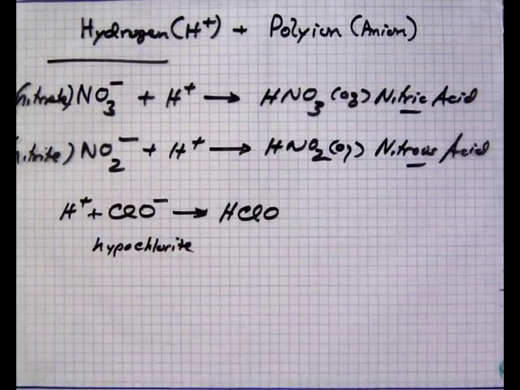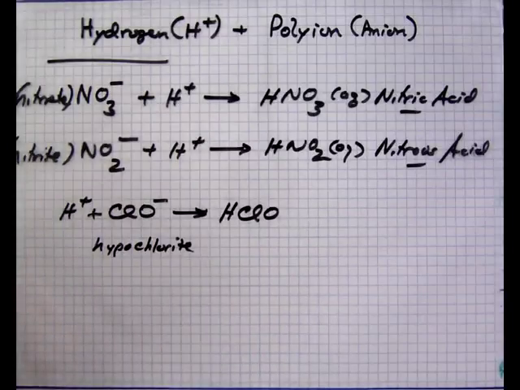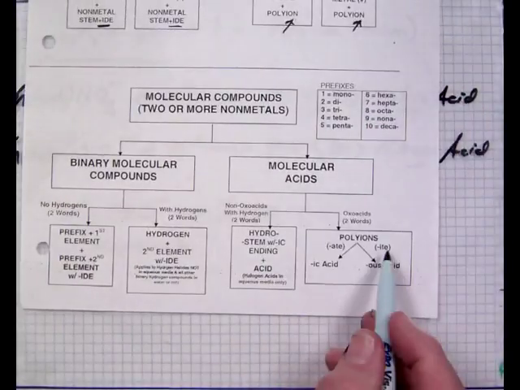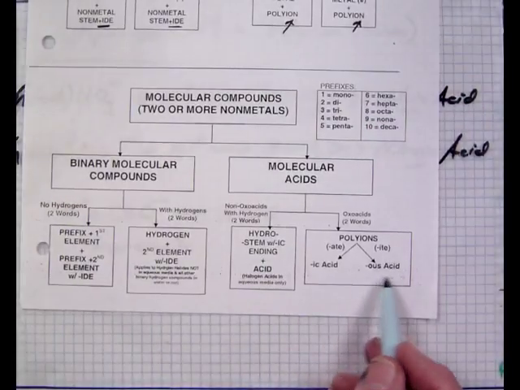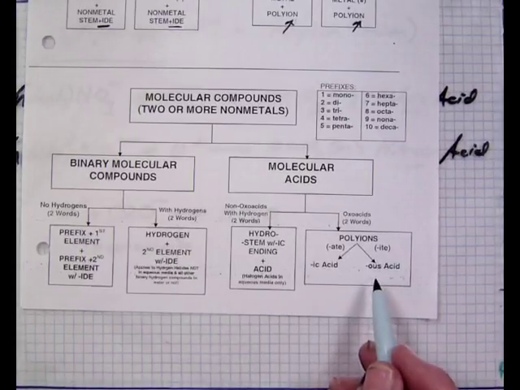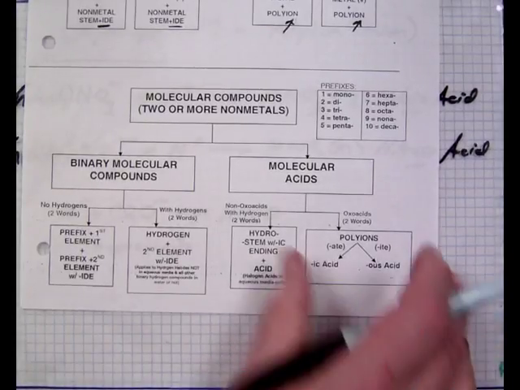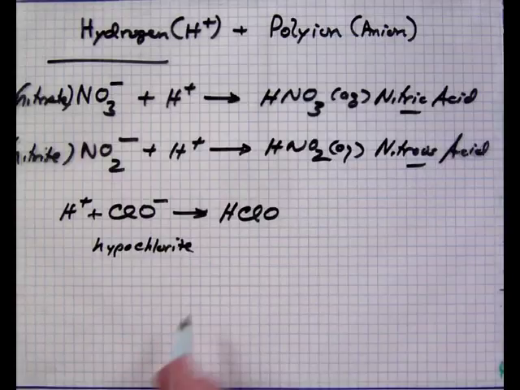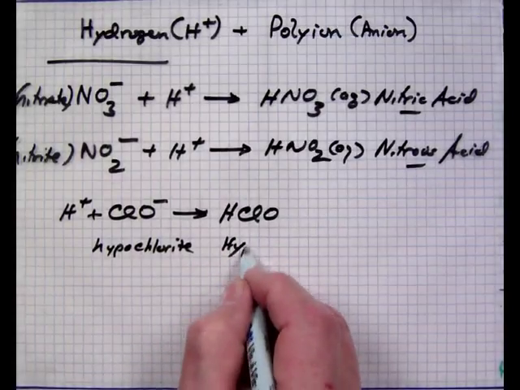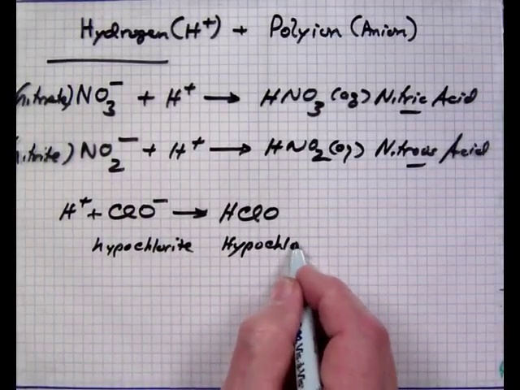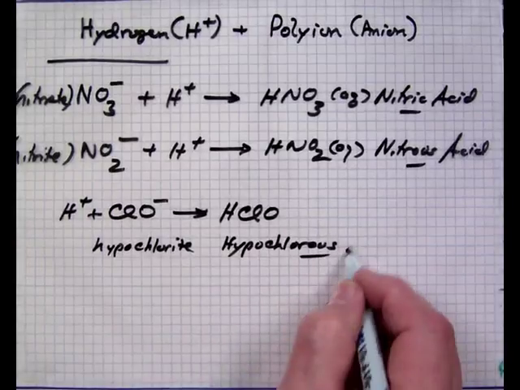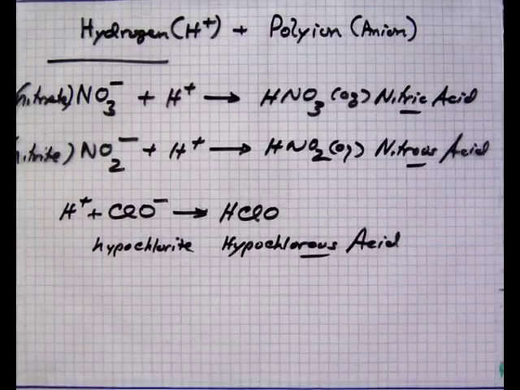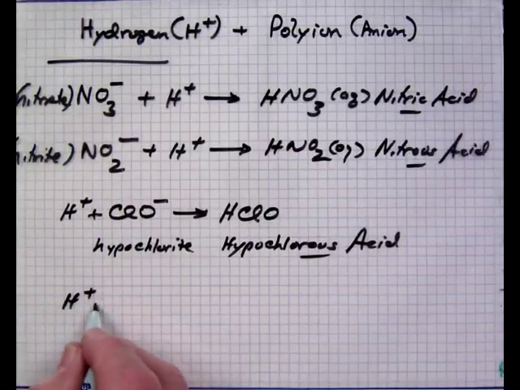So if you look on the flow chart, and if it has an ITE ending, you want to change the ending of the polyion to OUS acid. And so this would become hypochlorous acid. See there?